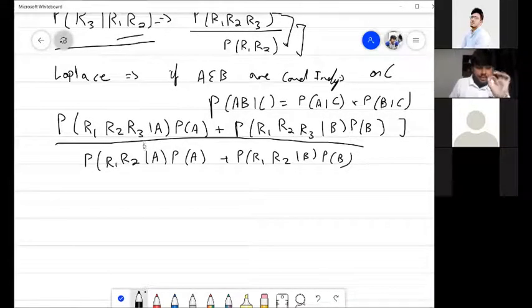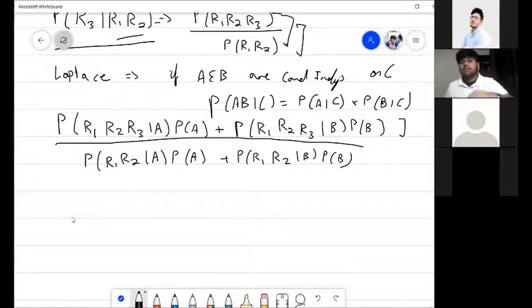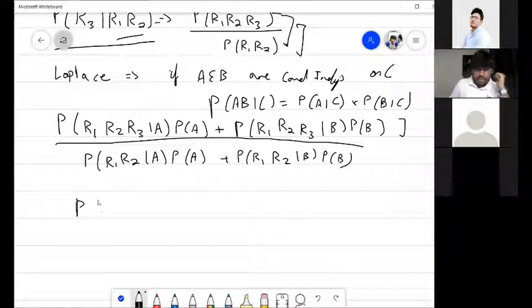Now, in this case in particular, how I can use this is that as R1, R2, R3 are conditionally independent on A, as well as R1, R2, R3 being conditionally independent on B, I can separate this in this form.